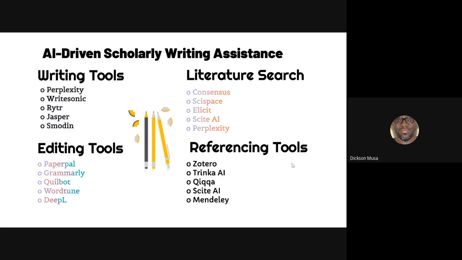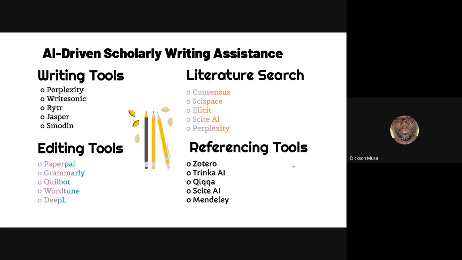Yes. So we also have tools that can help us to manage our referencing and citation very well, like Zotero, Paperpile, CiteAI, Mendeley, and so on. These are AI tools that can be used for research writing, for report writing, any scholarly writing.